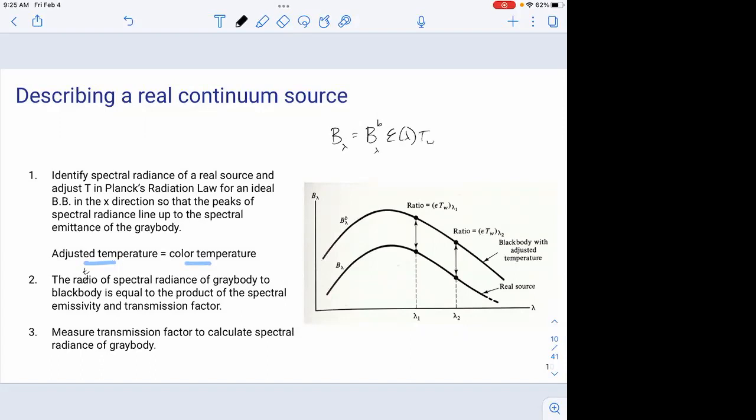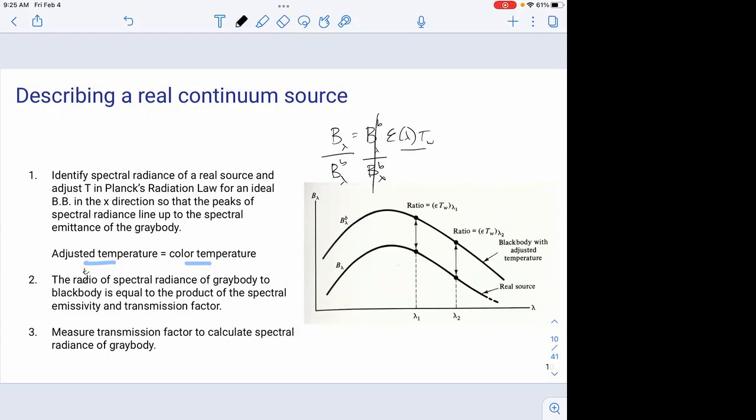And so if I have the ratio here, all of a sudden, it makes sense that I have the ratio equal to the products, right?